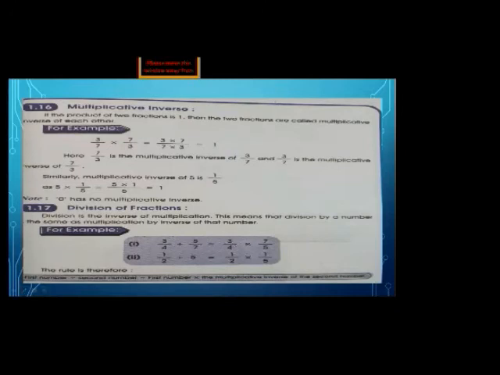The first number will be the same, then the divide sign changes into multiply, then after multiply we write the multiplicative inverse of the second number. So we write the inverse for 5 upon 7 like that, and for 5 write 1 upon 5.